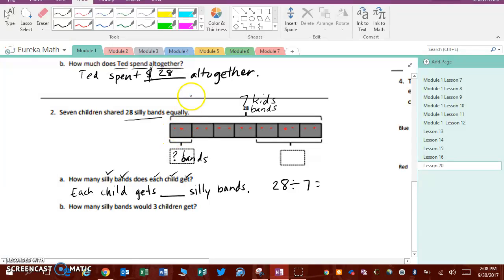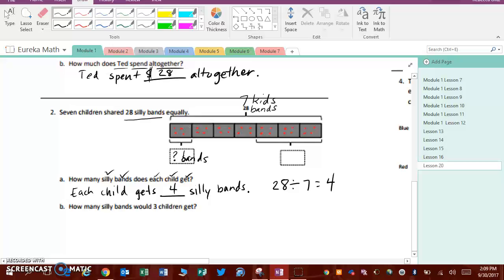Keep going till I get to 28. 15, 16, 17, 18, 19, 20, 21, 22, 23, 24, 25, 26, 27, 28. All right, so I divided up my 28 in the 7 groups. How many are in one group? 4. Okay, so each child gets 4 silly bands. Each one of these sections is a child.